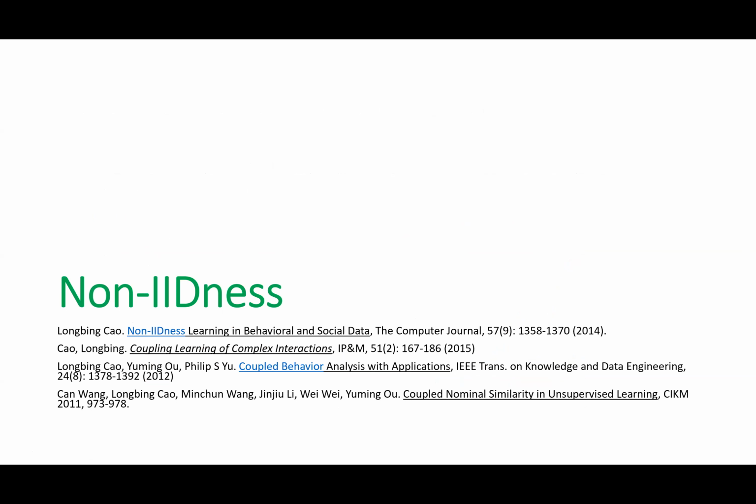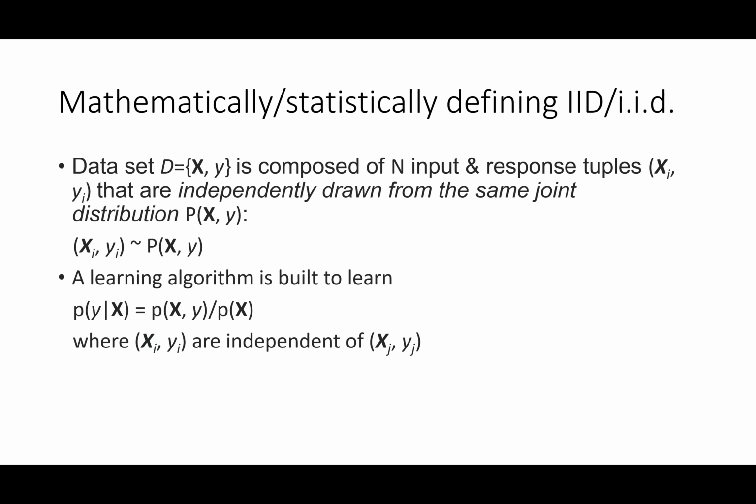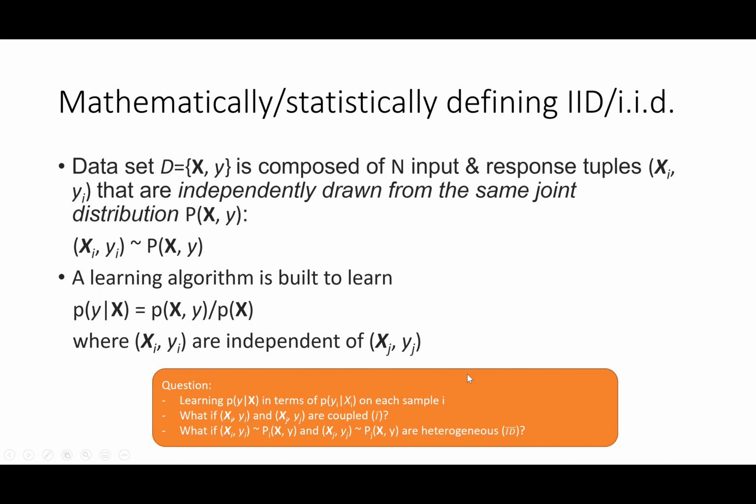Previously we talked about IIDness. Now we talk about non-IIDness, right? Mathematically, as we mentioned earlier, we assume we can draw a sample IID from a distribution. That's the mathematical, statistical IID assumption, right? But as I mentioned earlier, what if the samples are coupled?